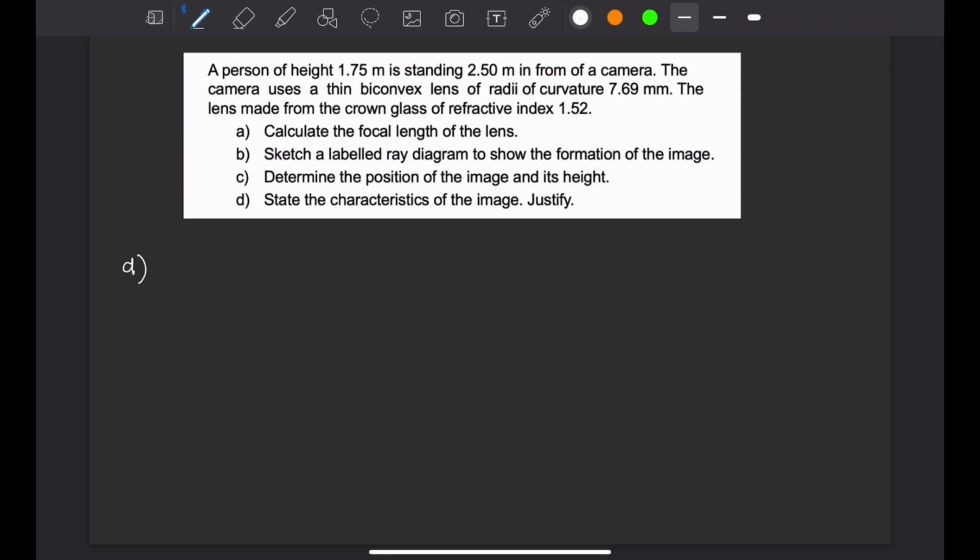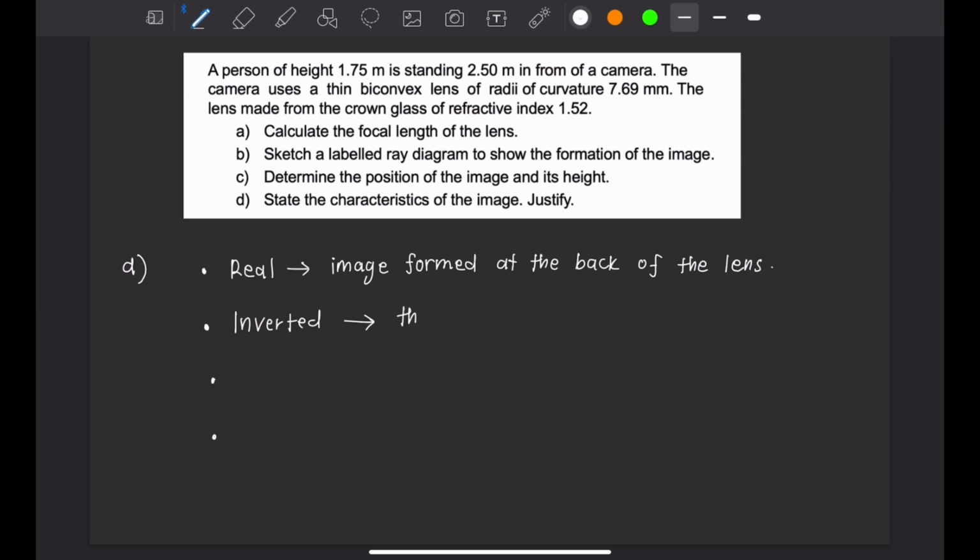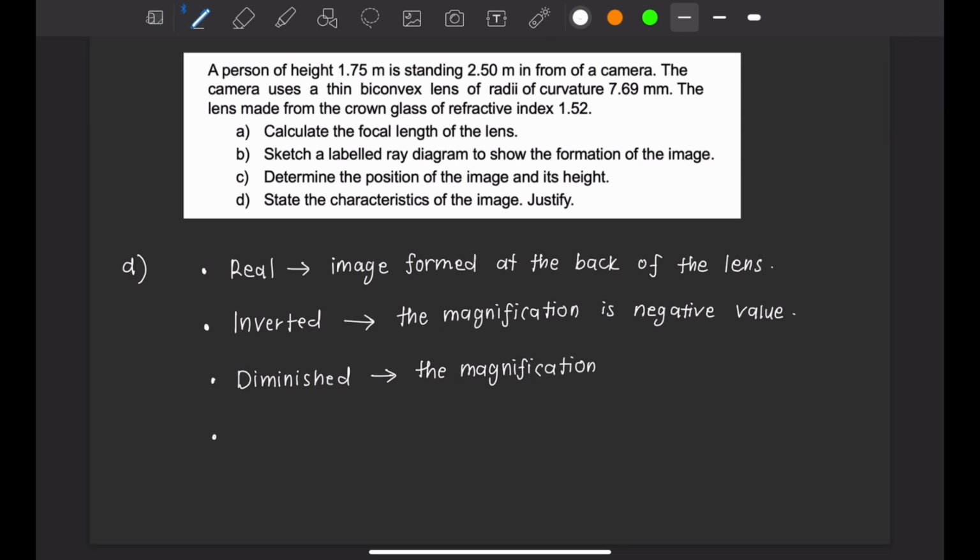And for question D, we can simply get the answer from question B from the labelled diagram. So it was real because the image is formed at the back of the lens, and then it was inverted because from C we get the magnification is negative, and it was diminished, which means it was smaller in size because the magnification is smaller than 1, or the height of image is smaller than height of object.